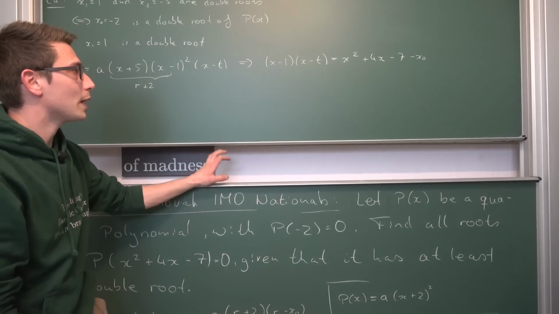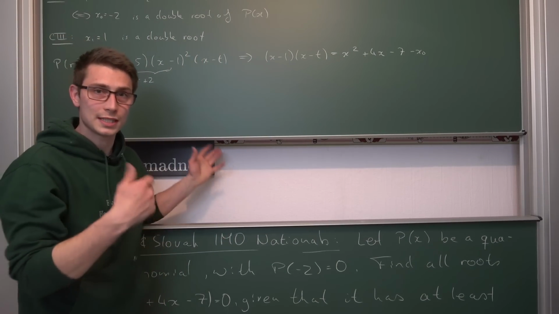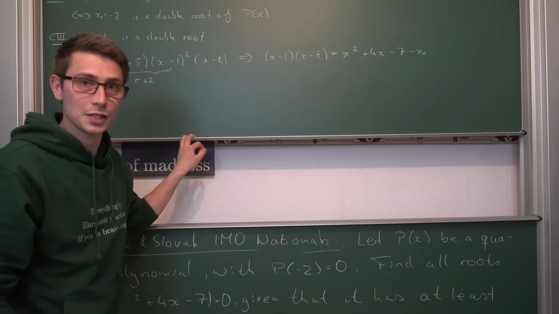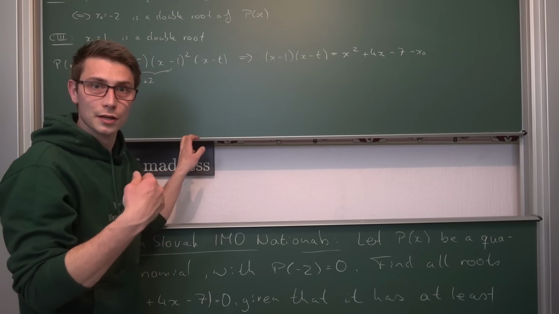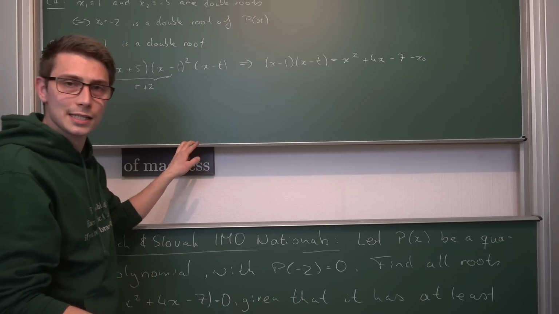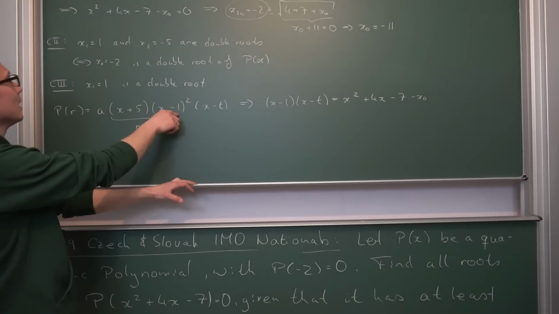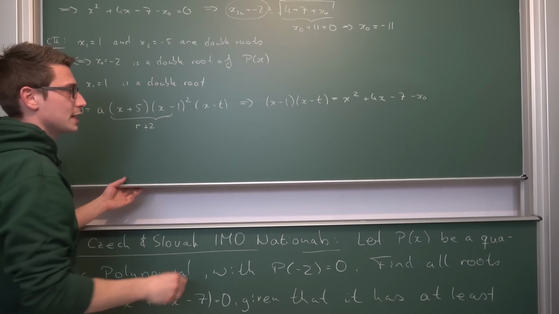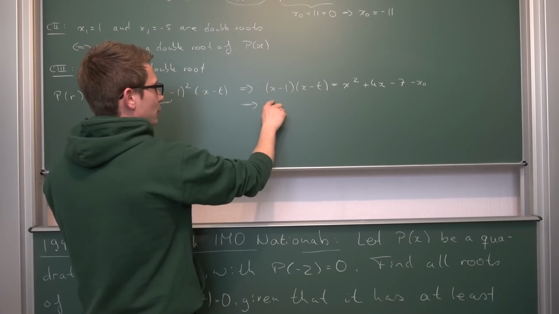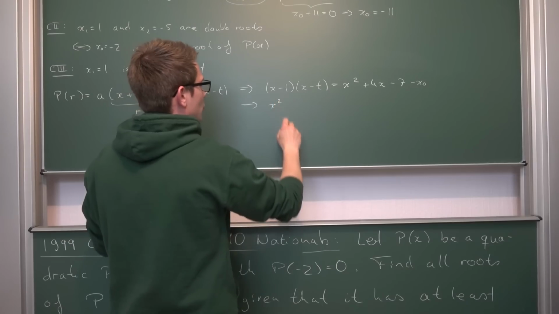And now we can just multiply everything out, and let's see what t is going to be by comparing coefficients on the polynomial and what x0 must be. And then let's see if we can find another root such that 1 is a double root in this third case. Meaning if we were to multiply everything out, we are going to get x squared.